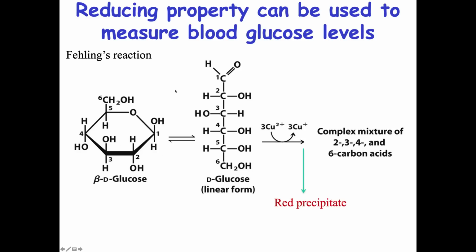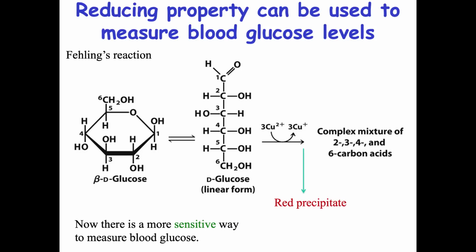Every time you get the formation of this linear form, you get the oxidation, or this redox reaction. This results in a complex mixture of many 2, 3, 4, and 6 carbon acids, and don't feel like you need to memorize the structures. But they form this red precipitate.